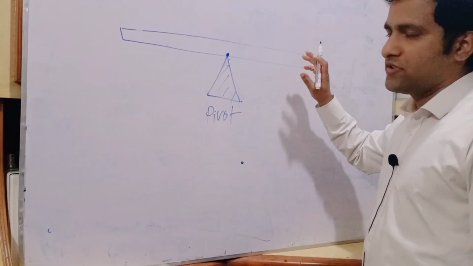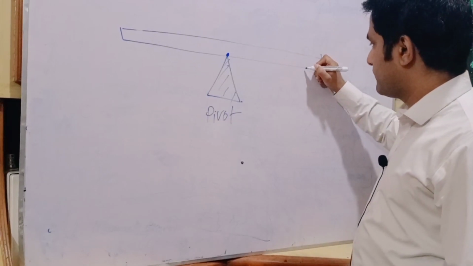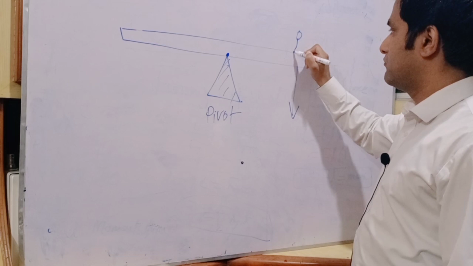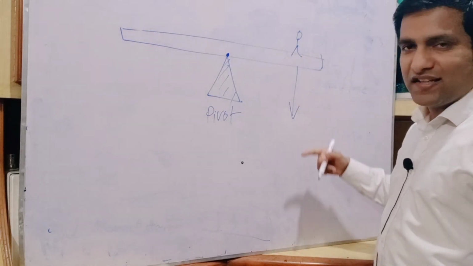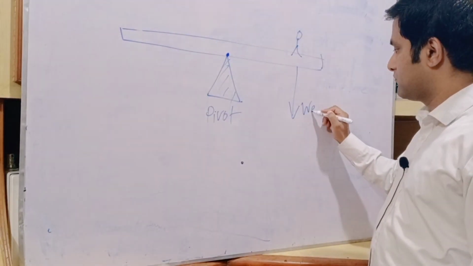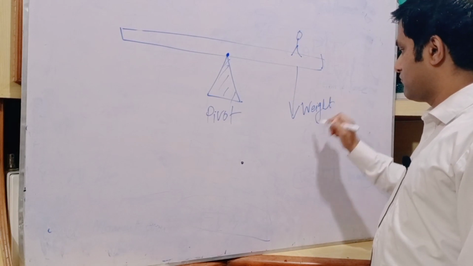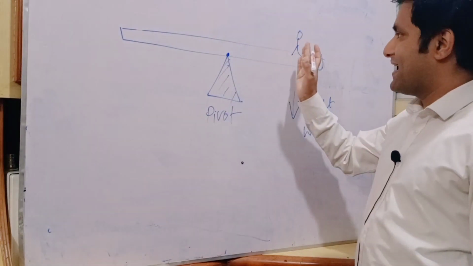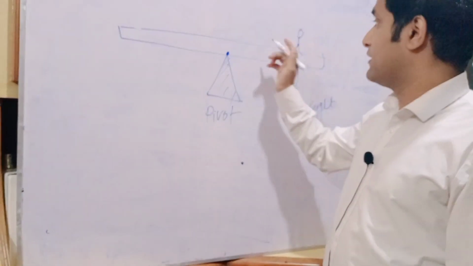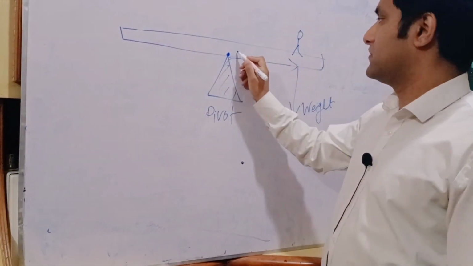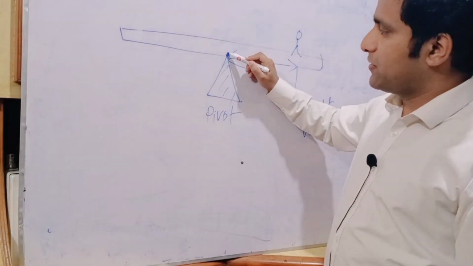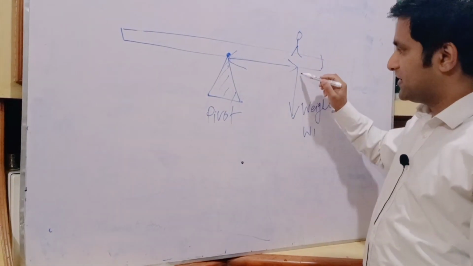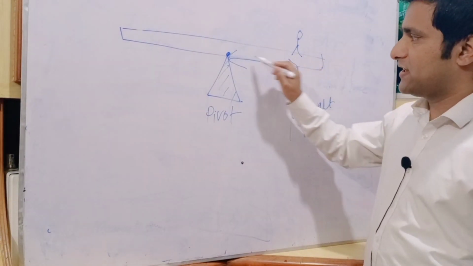If a child is sitting over here, his weight is acting downwards. That is W1. The distance between the pivot and the child is the moment arm, because this is the point around which the torque is produced. This is the line of action of force, and this is the moment arm.